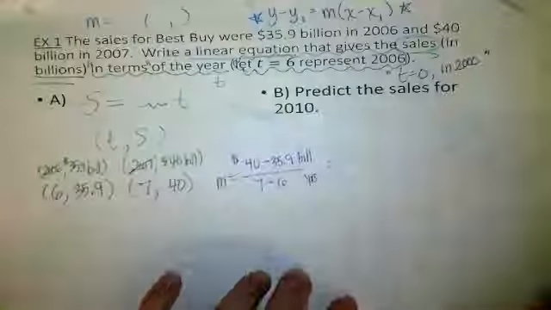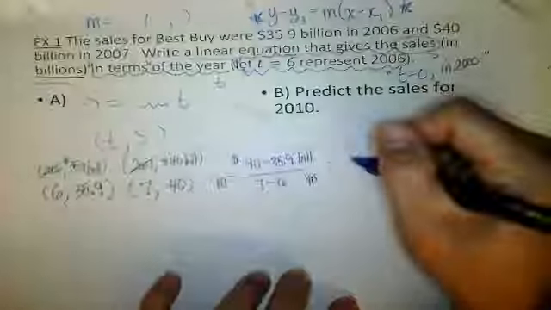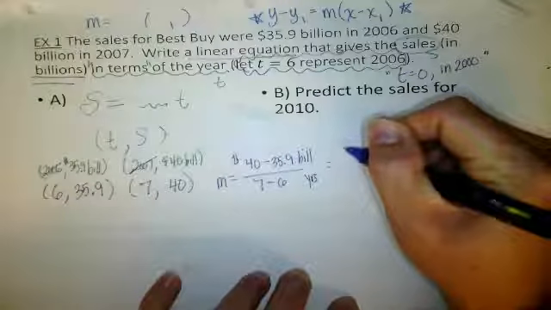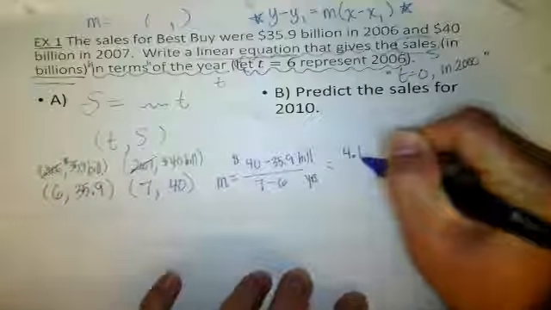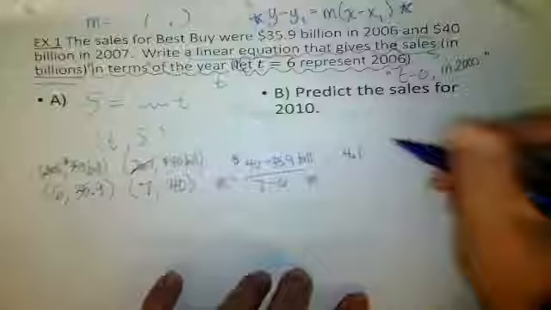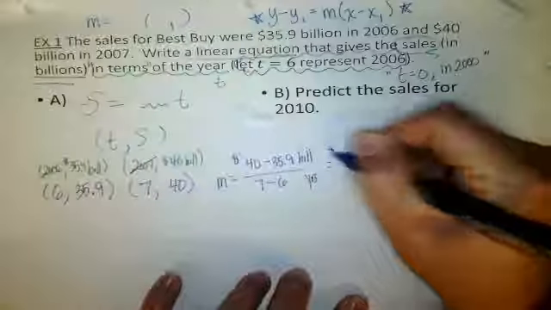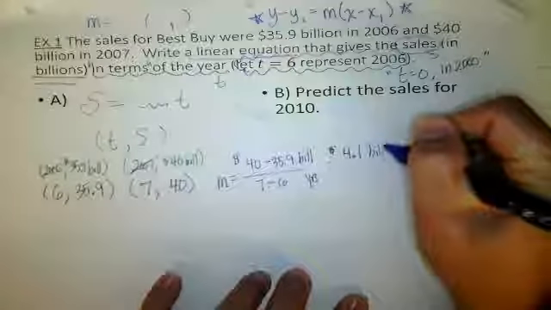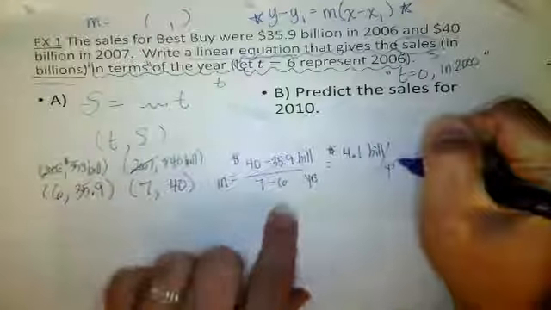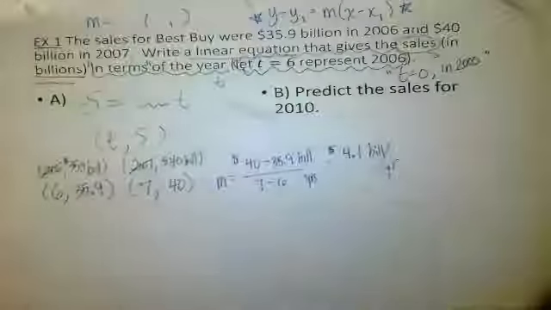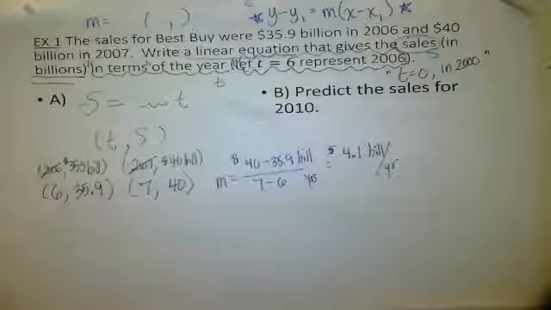What's 40 minus 35.9? 4.1. Yeah. And it's not just 4.1, it has units on it, and that's really important. So this really means $4.1 billion per 1 year, an increase of $4.1 billion every single year.